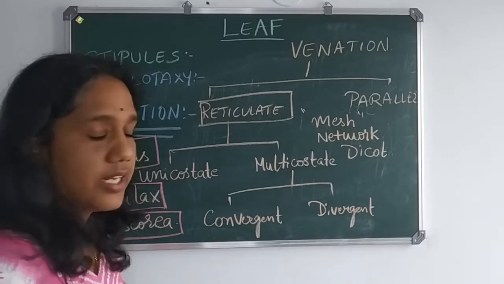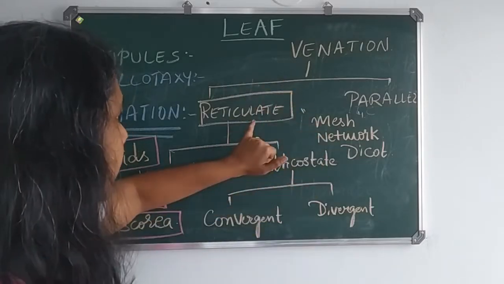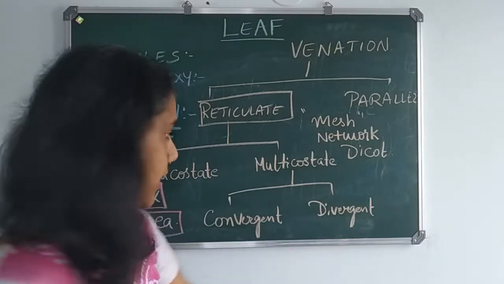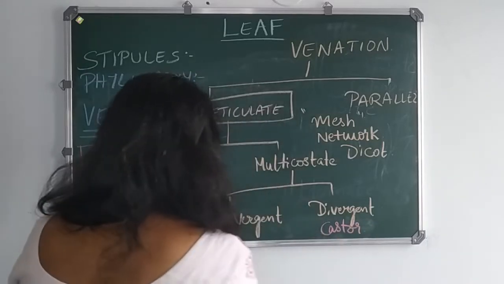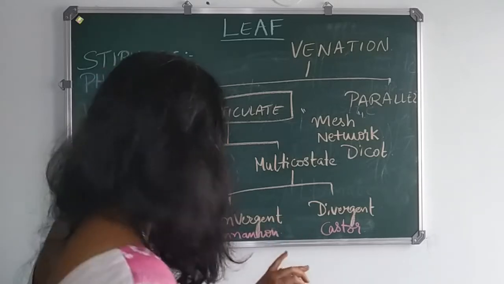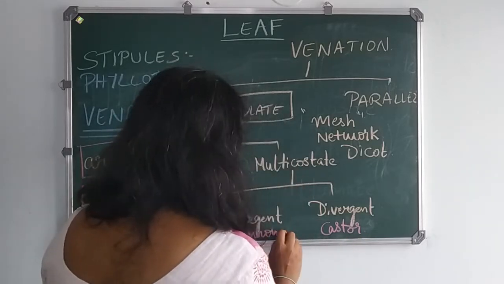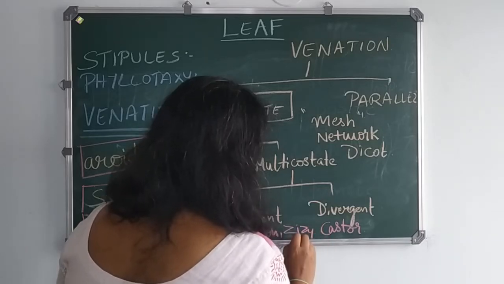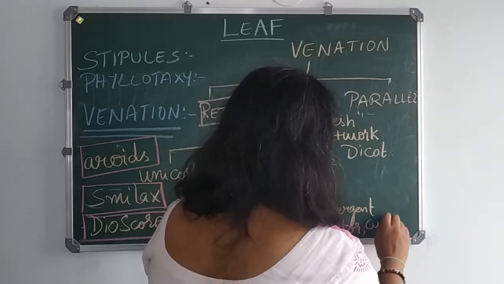Cinnamon is an example for multicostate, convergent. Then we have reticulate, multicostate, divergent. Example is castor. One more example for convergent is ziziphus. Then here castor and cucumber.